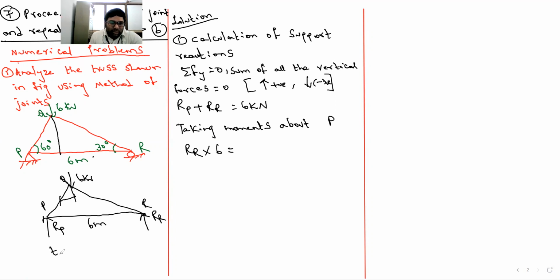So here, tan 30 is equal to x by 6, where x is the height. Or simply, you can get it by applying the equations as 6 into that corresponding horizontal distance. That distance has to be calculated, so let me calculate it here.